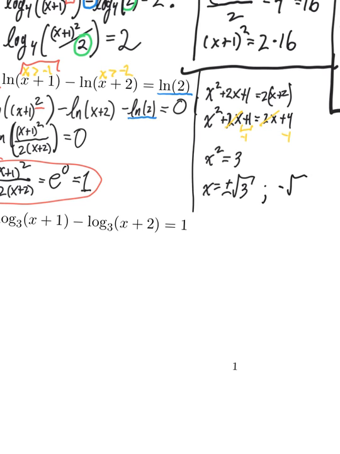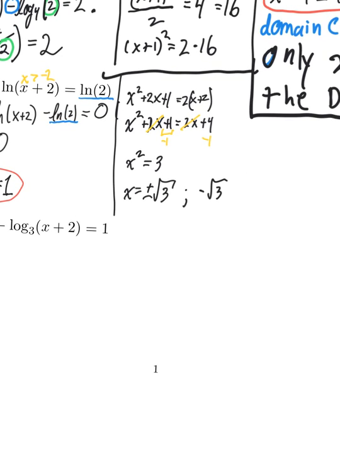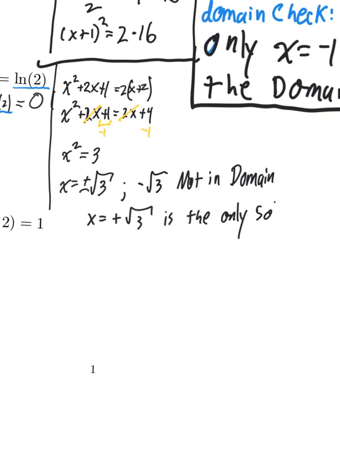So negative square root of 3 is not in the domain. So x equals plus square root of 3 is the only solution. Cool.